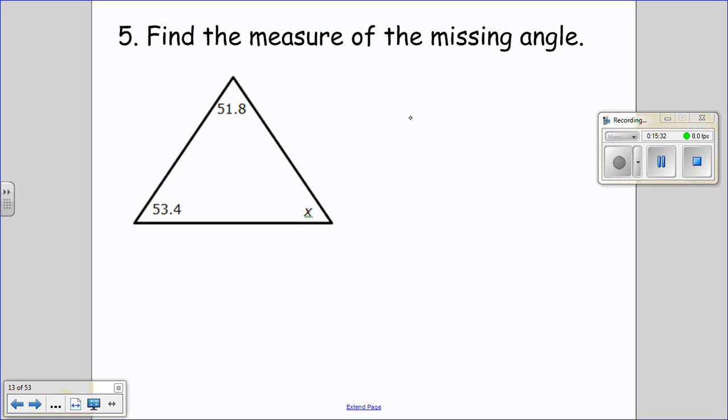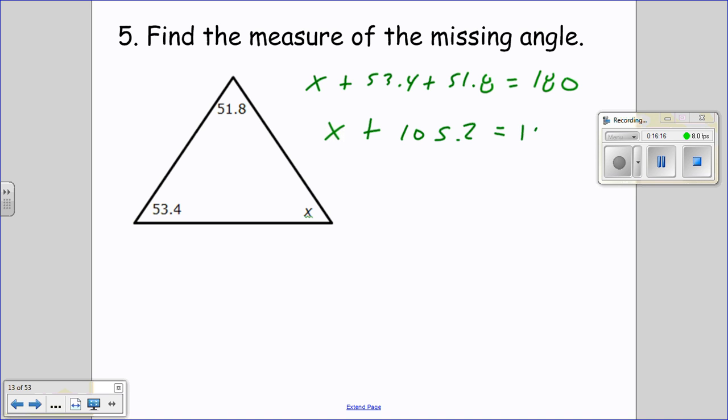Now let's put this into practice. First question says find the measure of the missing angle. So I know that x plus 53.4 plus 51.8 should equal 180. First, I'm going to combine the 53.4 and the 51.8, which would give me 105.2.